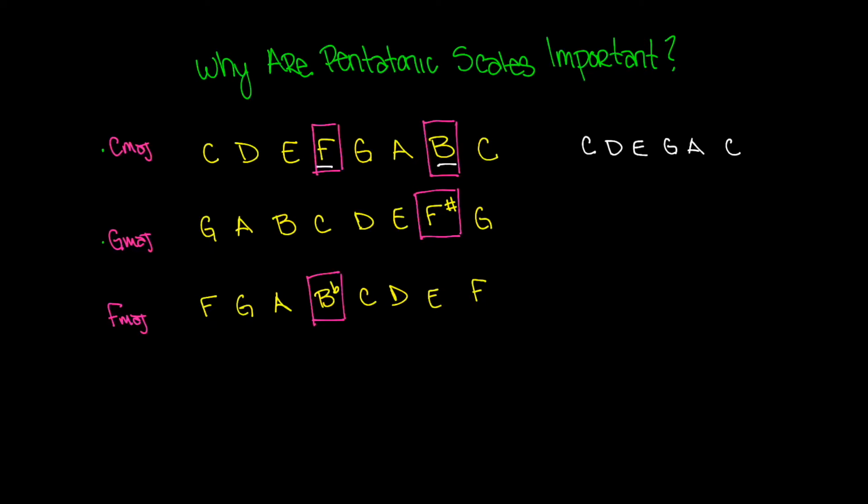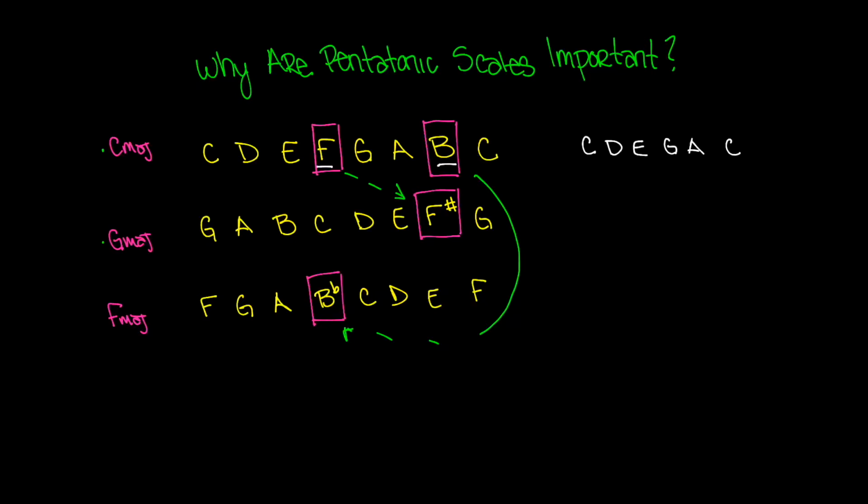Now let's go a little bit further and think about why the B note is the one that gets eliminated. Again, we want to consider what's the difference between C major and F major. The only difference here is the B versus the B flat. So we can maybe think of it like this: this B flat gets pulled around, and those are the ones we're comparing at the moment.